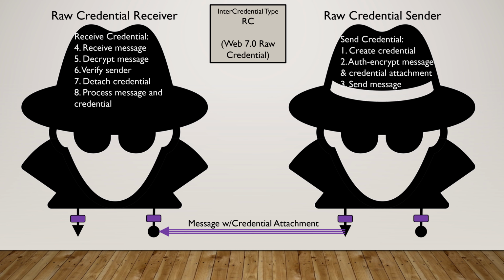To receive the credential, you receive the message, the incoming message. You decrypt it, you verify the sender, you detach the credential, and then you process the message and the credential through whatever workflow or business process is appropriate for the credential type.